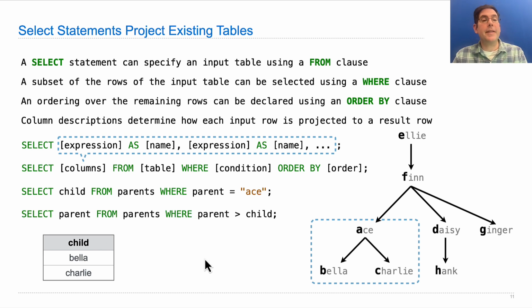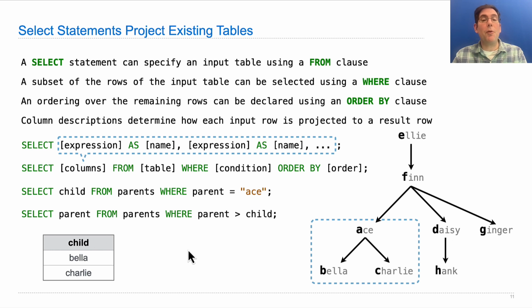Let's do another example. Select parent from parents, where parent greater than child. This will test their alphabetical order. So E comes before F, so the parent is not greater than the child. But F comes after D, and F comes after A, so we have two cases where the parent is greater than the child, Finn Ace and Finn Daisy.